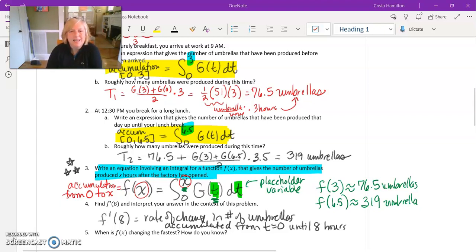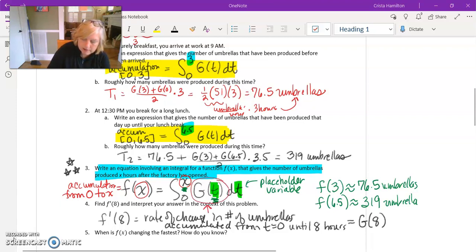And so the key idea here is for you to recognize that this is exactly the rate function that they have given you, except this rate function is really now going to be g of 8 because that is the rate. The rate function is inside of the integral here.